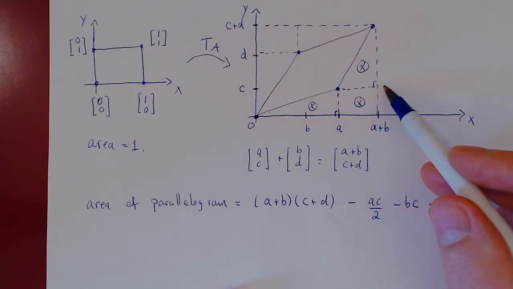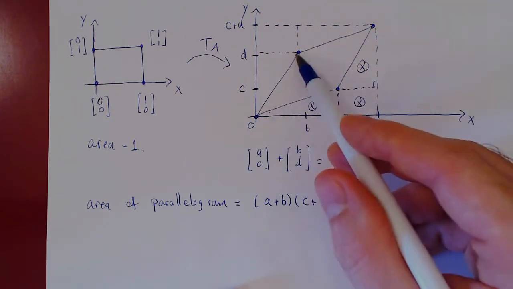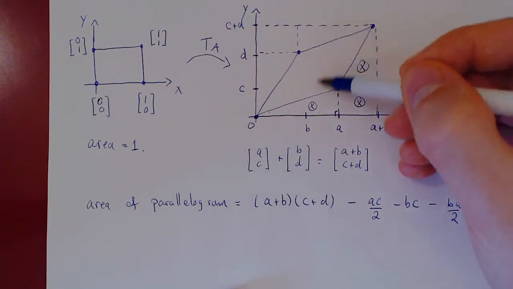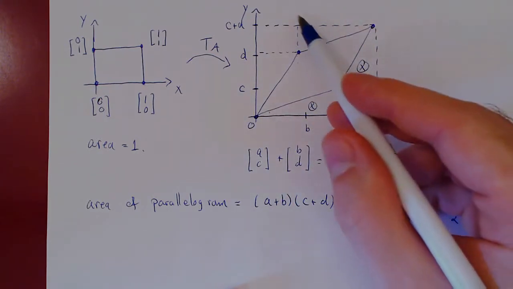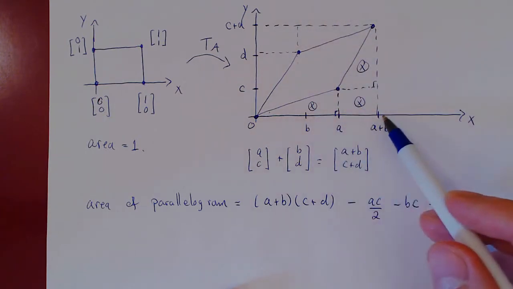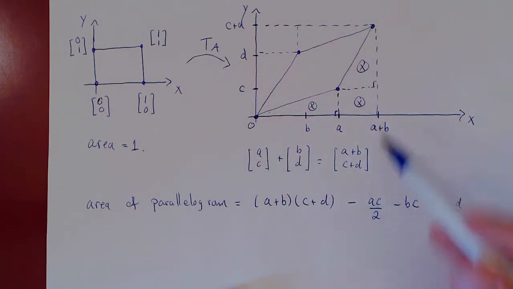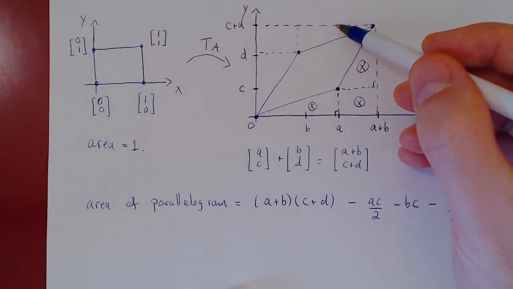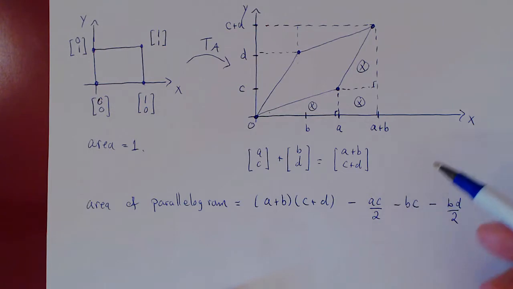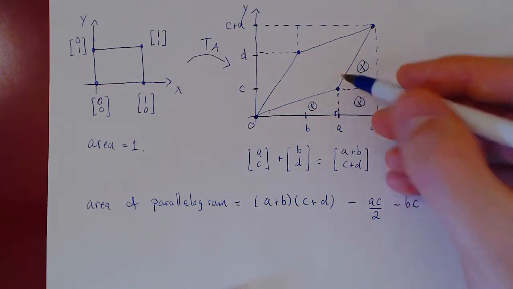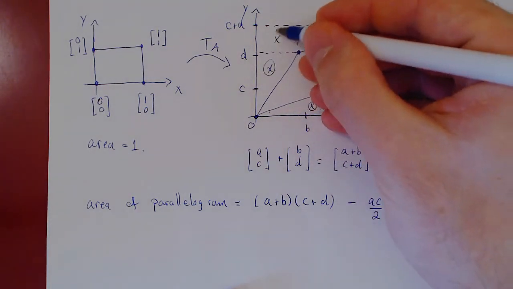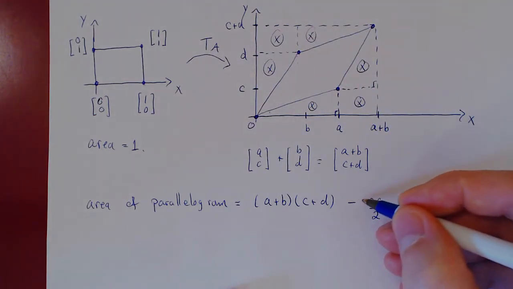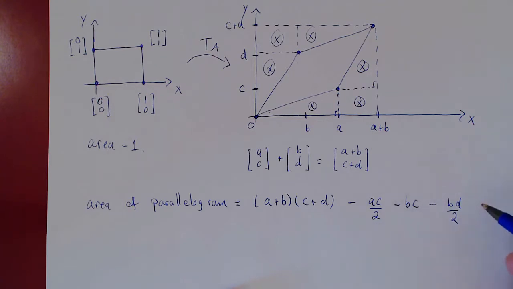This was base B, height D. Well, again, this is base B, height D. And finally, the area of these two are the same. The length of the base here is from B to A plus B, is A. The height is C plus D minus D, which is C, so that's AC over 2, AC over 2. So if we remove twice of that, we'll have removed everything that we don't want. So just multiply each term by 2.